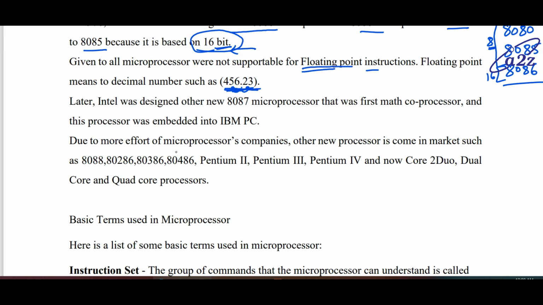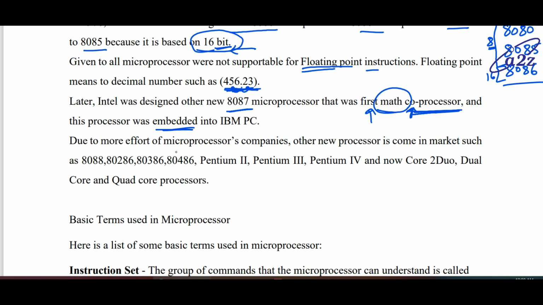Later, Intel designed a new processor, that is 8087. It is a coprocessor, specifically the first math coprocessor, which works with another processor. As it is named coprocessor, it needs one more processor and it can be embedded into another processor.